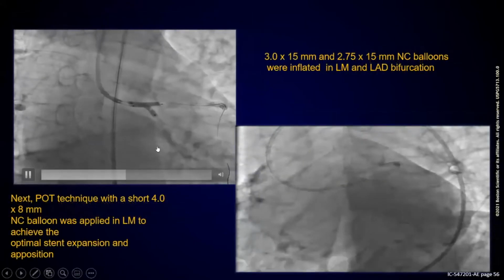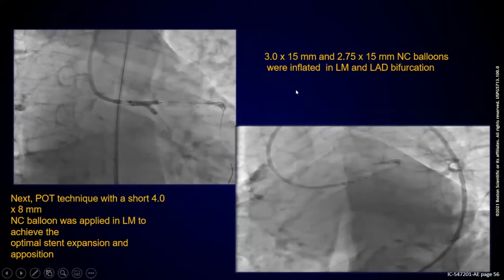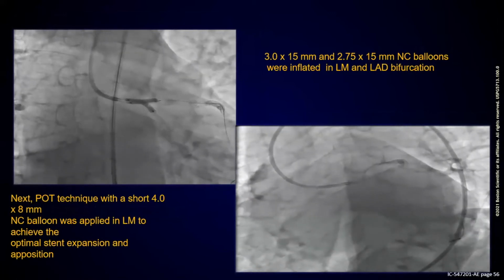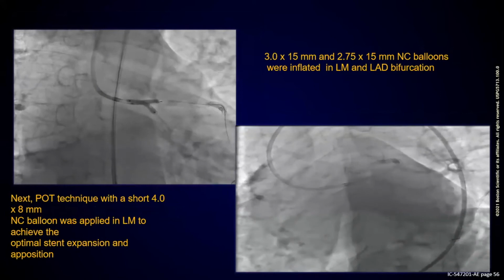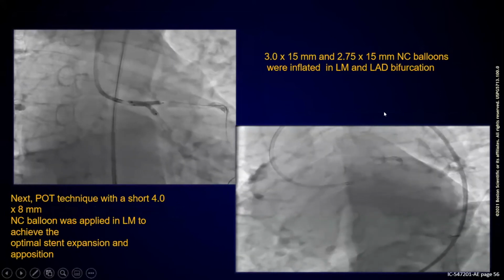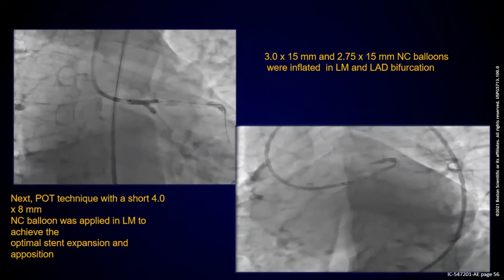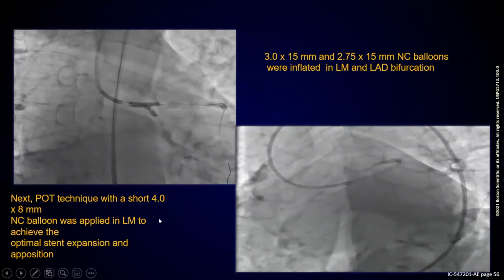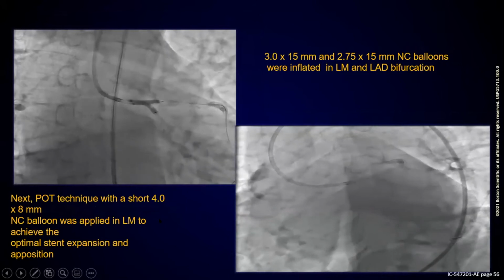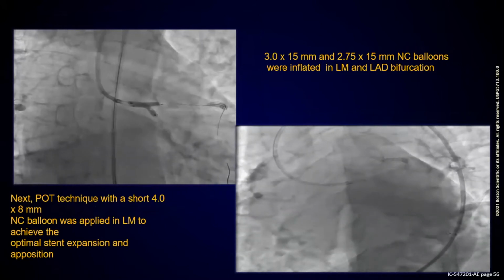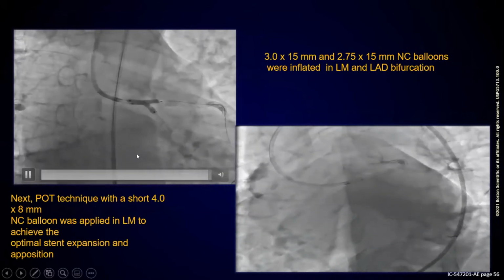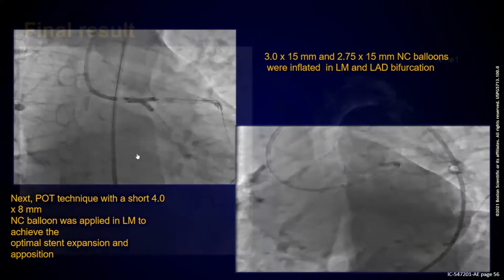After that, for kissing balloon, 3 into 15 millimeter and 2.75 into 15 millimeter NC balloons were inflated in the left main and LAD bifurcation. Next, the POT technique with a short 4 millimeter NC balloon was applied in the left main to achieve optimal stent expansion.